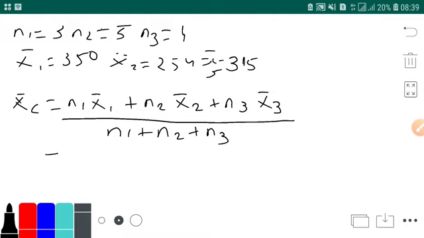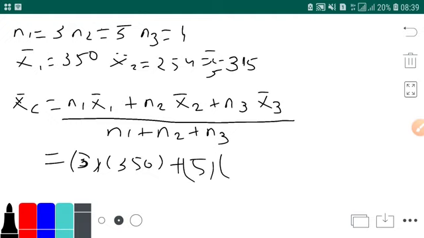See now, as I told you, n1 is 3, x bar 1 is 350, n2 is 5, x bar 2 is 254. You can see from the textbook if it is not visible.